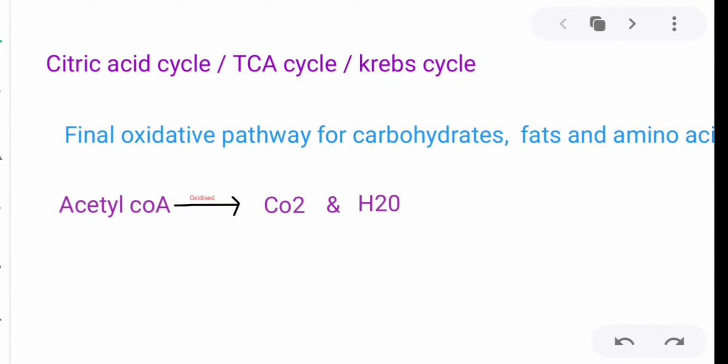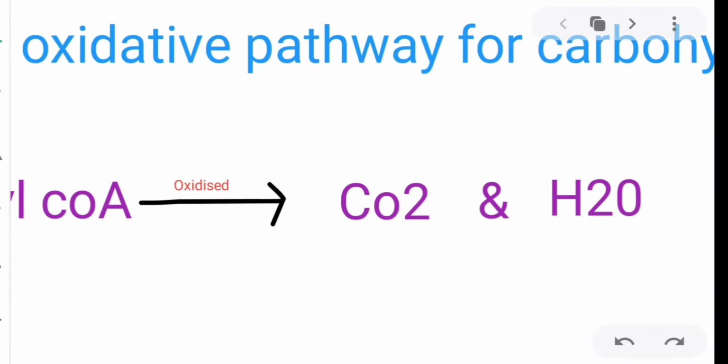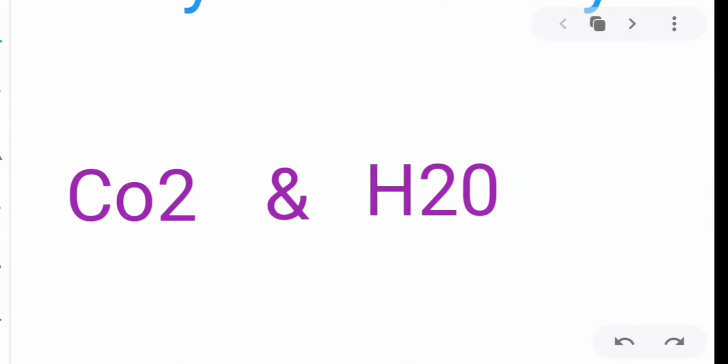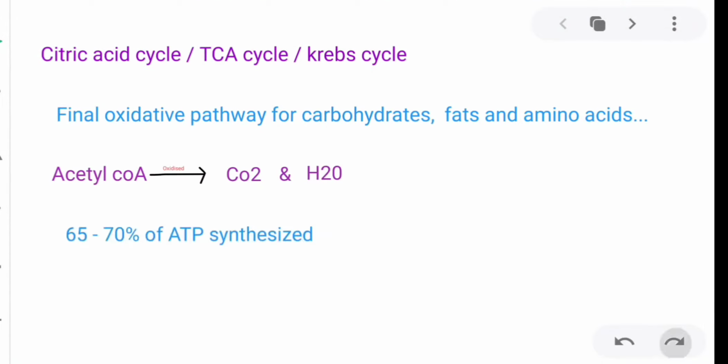It is because acetyl-CoA gives rise to many products such as lipids, fatty acids, etc. And the next point is that 65 to 70% of ATP is synthesized in the Krebs cycle. So the Krebs cycle is the most energy generating cycle, as it gives out a greater amount of ATP, that is 65 to 70%.